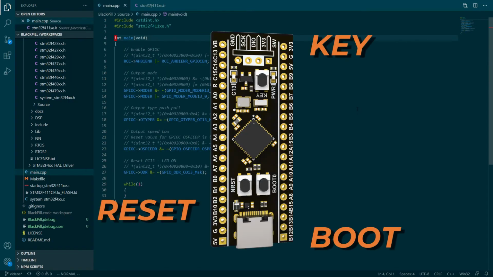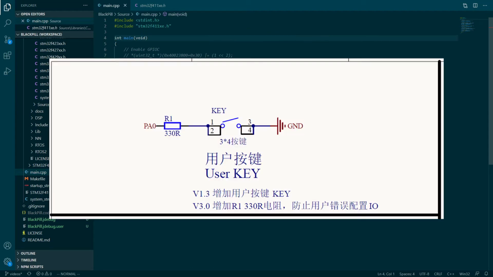Now, our BlackPill board comes with 3 tact switches, one of which is free to use by the board user. It is a small component labeled as key. Looking at the board schematic, we find out that our switch is connected to the PA0 pin. It is also connected to the ground, and it means that whenever the key switch is pressed, the PA0 input state will be low.